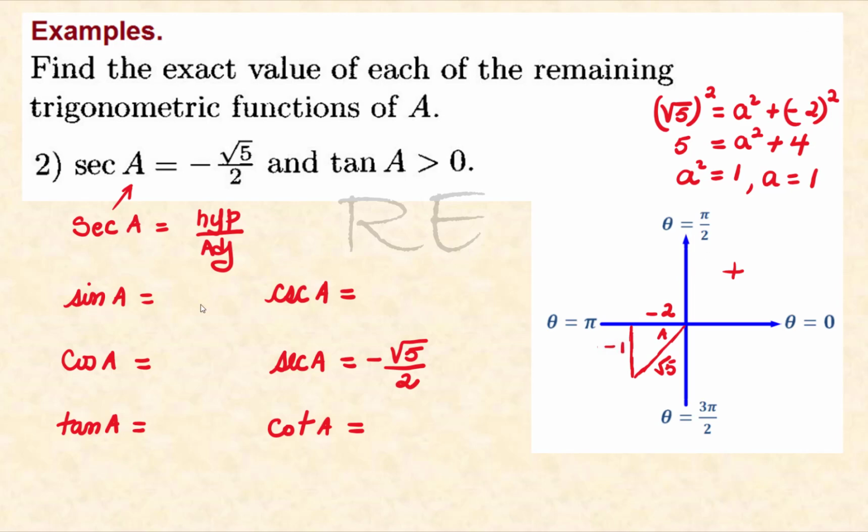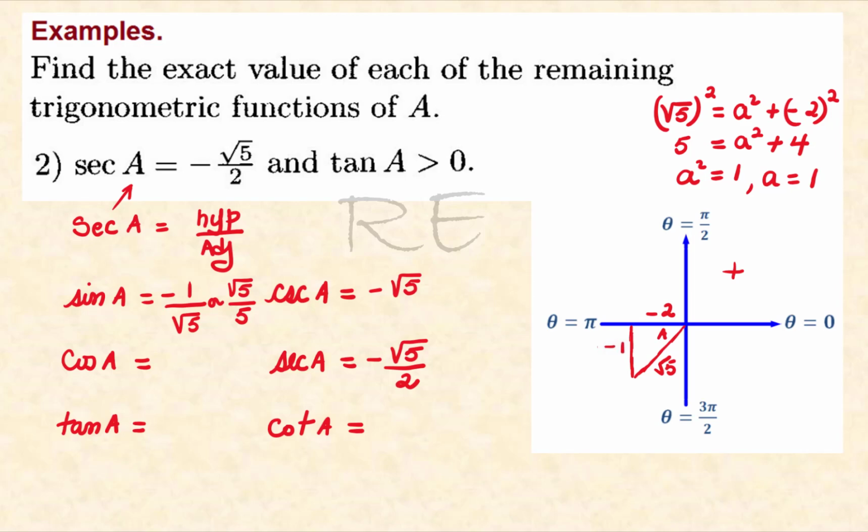Now, secant is given, we could just write it out, negative square root of 5 over 2. Sine is equal to the opposite, which is negative 1, over the hypotenuse, square root of 5. So it's negative square root of 5 over 5 when rationalized. Cosecant will be just negative square root of 5, the reciprocal.